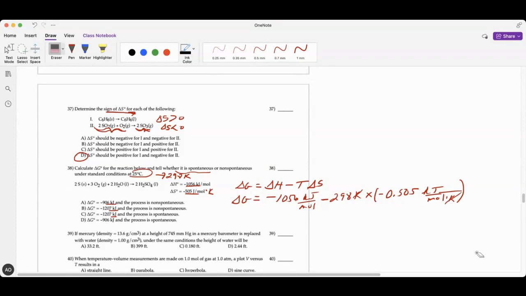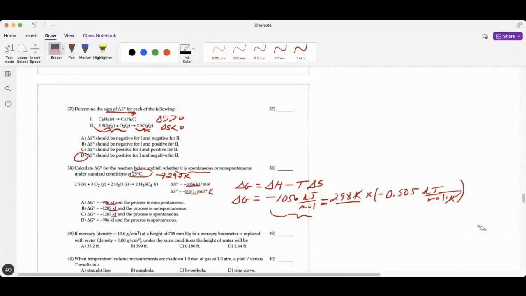Wouldn't you do negative 298 multiplied by the entropy first? That's what we're doing here. This is delta H minus the temperature times delta S.